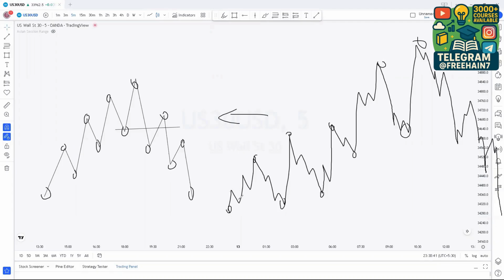And anything happening in the middle will be the internal structure. So that's the internal structure within the main structure. Yeah, clear?